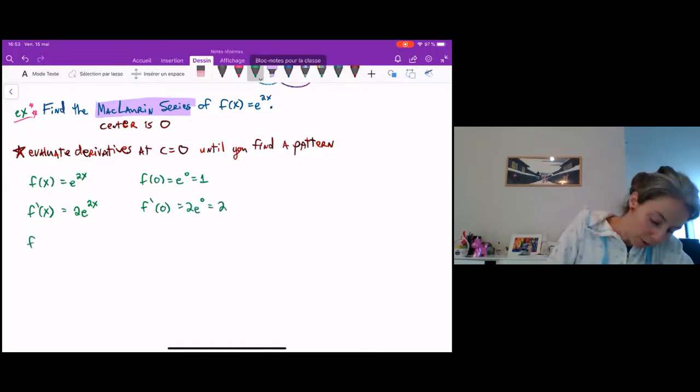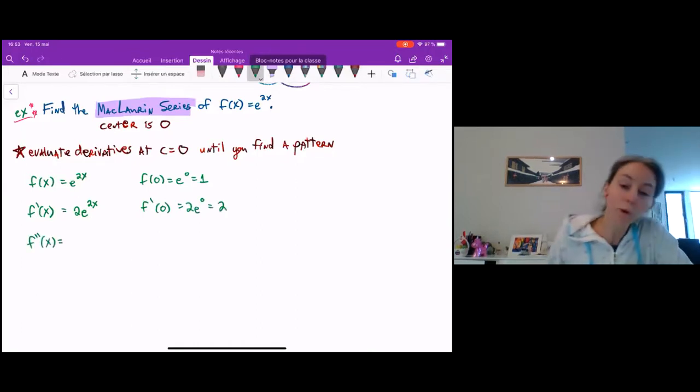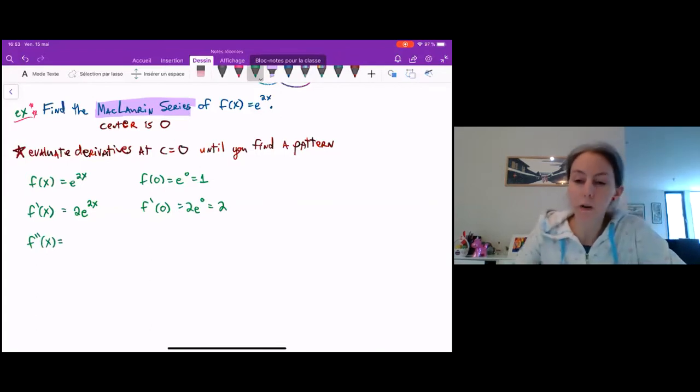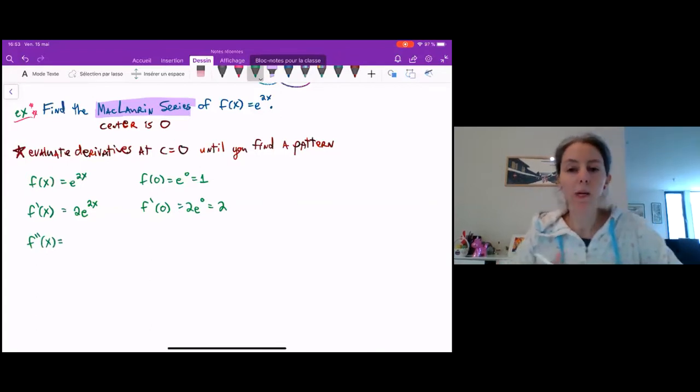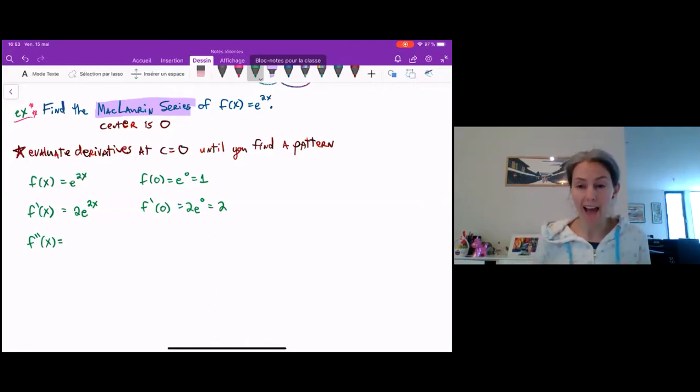Now for f double prime of x, I'm going to remind you that when we did the derivation of our formula, we said typically we don't want to actually multiply things out. It's going to be easier to find a pattern to understand what these derivatives are doing if we leave everything in its expanded form. In this problem it's not really going to be that important, but we're going to keep things based on where they came from.